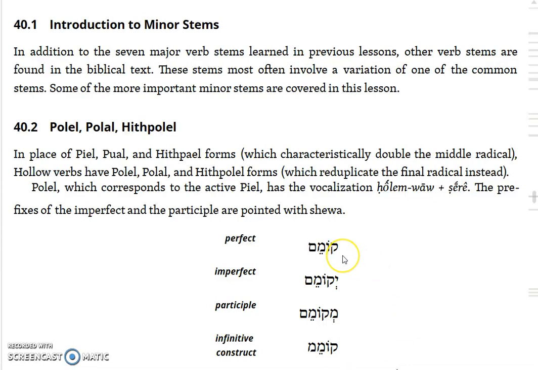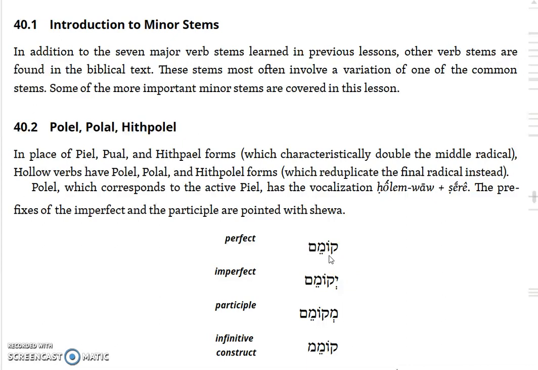An example would be the verb kum, to rise. It typically does not occur in the piel in Hebrew, but what will occur instead is this polel. What the polel ends up doing is being a functional equivalent of the piel.